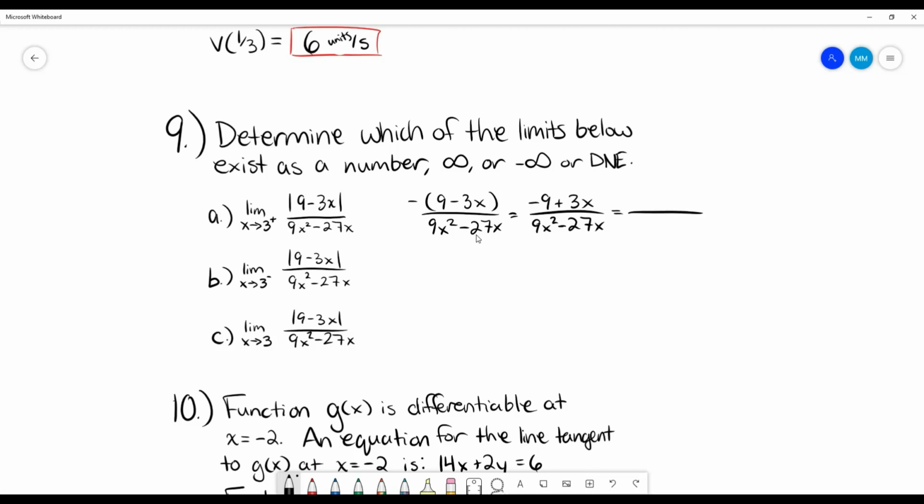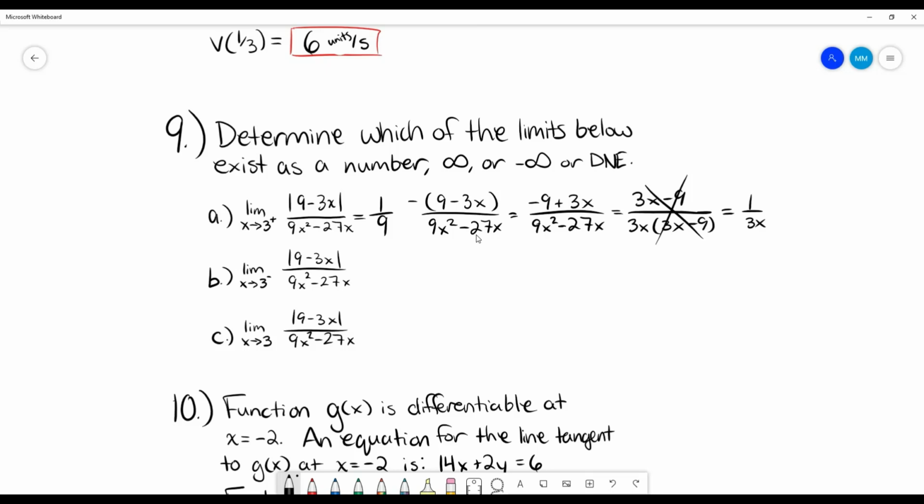So it's going to be 3x minus 9 on the top. I'm going to try factoring out a 3 from the bottom. Nope, I'm going to factor out a 3x, sorry, because I think that might help. Because that'll be a 3x minus 9. Bada bing, bada boom. We can just cancel those out. It's 1 over 3x. So this approaches 1 over 9 if we plug that 3 in.